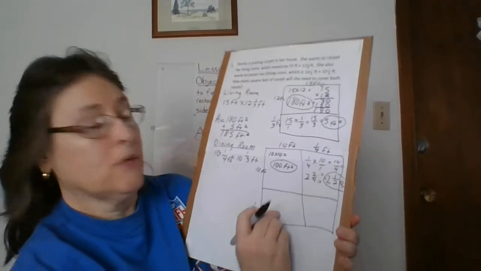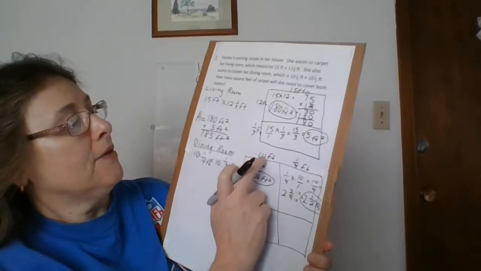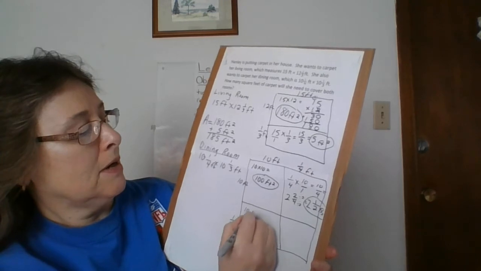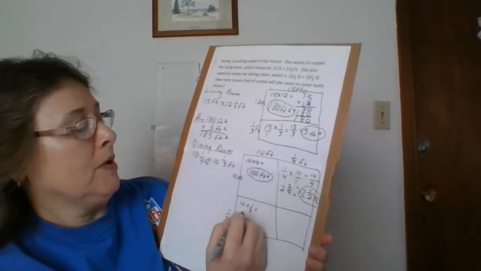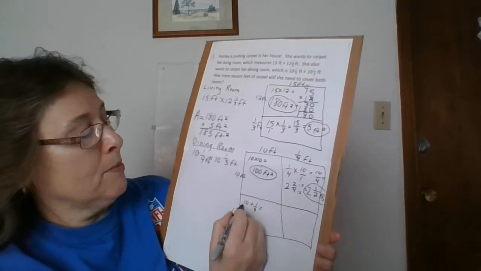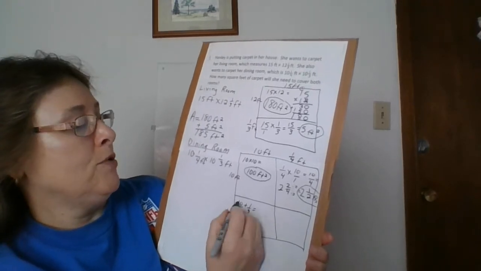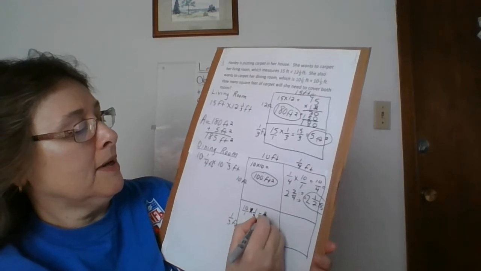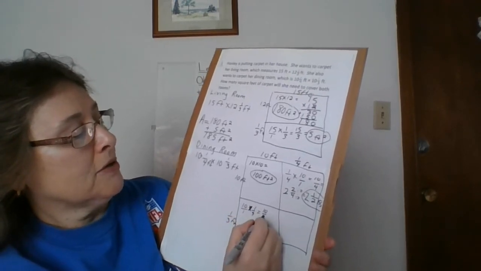And I'm going to come down to this square. I have 10 times 1/3, so I'm going to put 10 times 1/3. 10 is a whole number, so I'm going to put it over a 1 again. I have numerator times numerator, so numerator times numerator would be 10. 1 times 3 is 3.